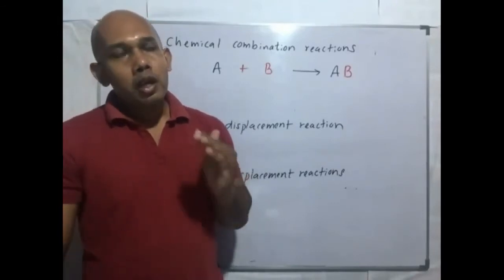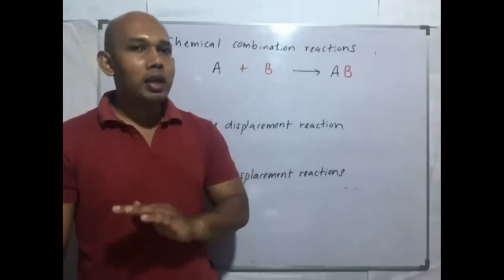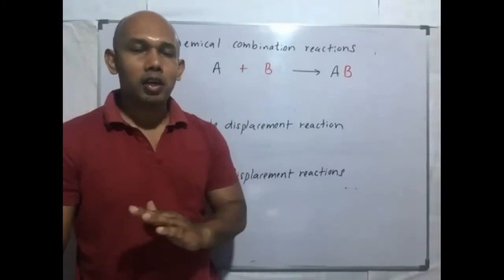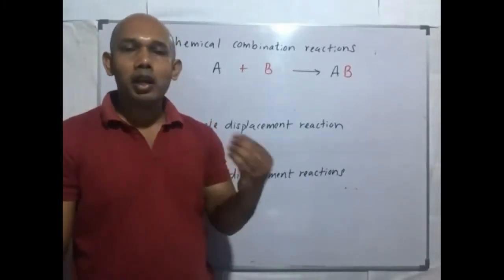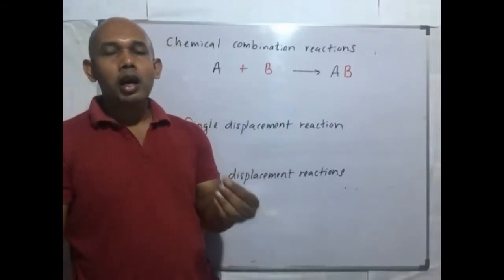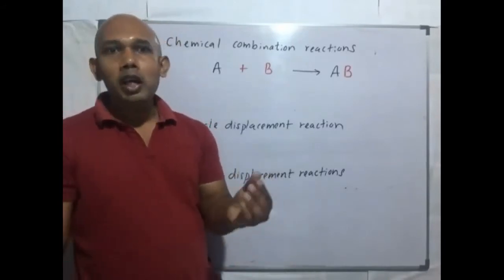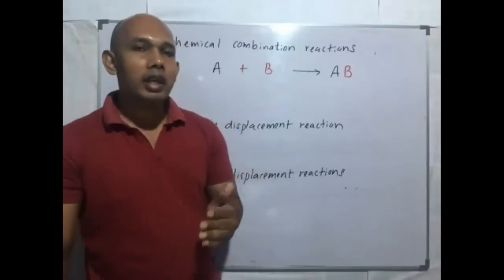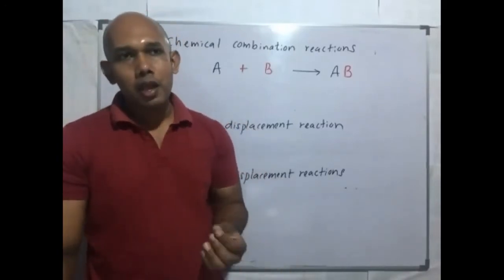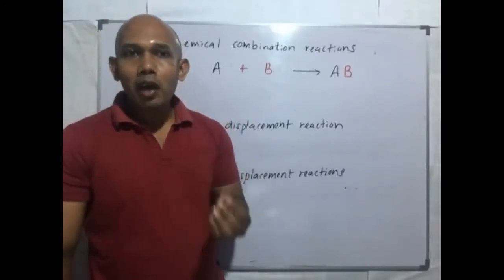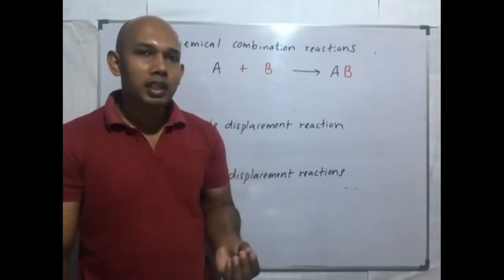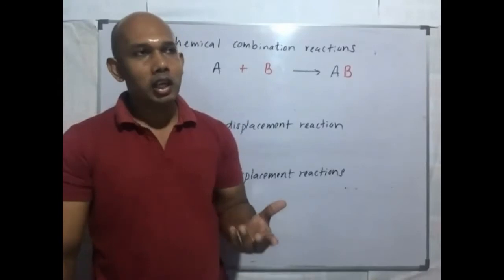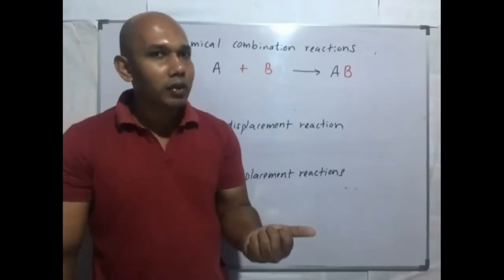Next one, we have to balance the chemical reaction. Unless your chemical reaction is incorrect. Even if you correctly write the product, if you are unable to balance it, it is an incorrect chemical reaction. Next one, if you have knowledge, you write the physical state, but writing the physical state is not compulsory: solid, liquid, gas, or aqueous.